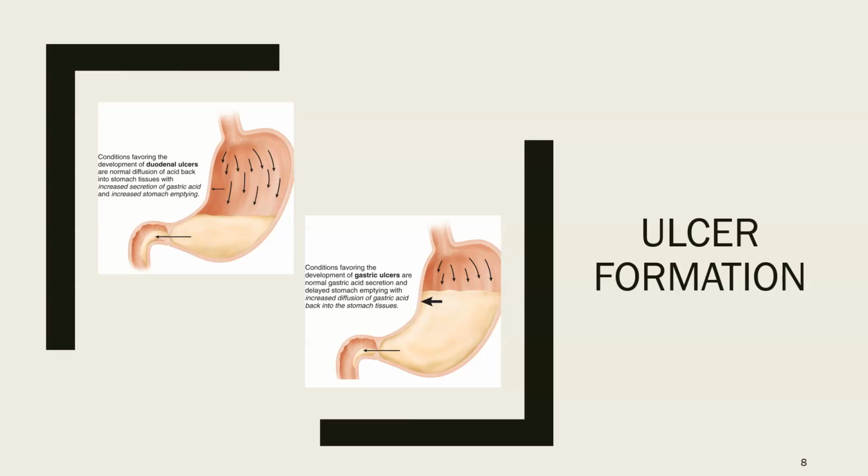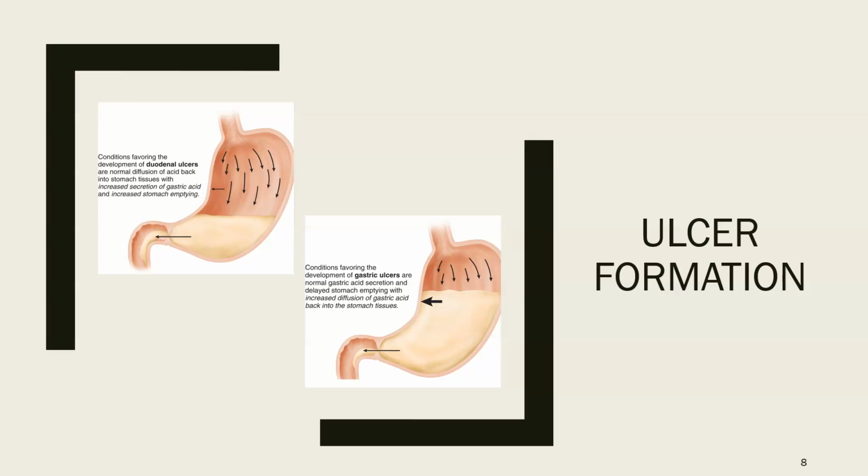There are 3 types of ulcers. There are gastric, duodenal, and stress ulcers. Stress ulcers are the least common type. Gastric ulcers usually develop in the antrum of the stomach near the acid-producing mucosa.